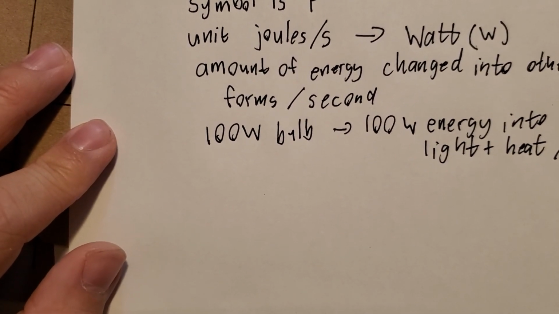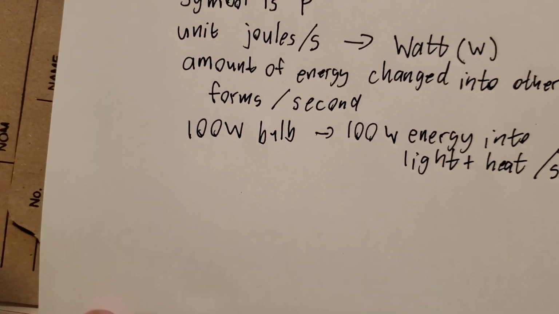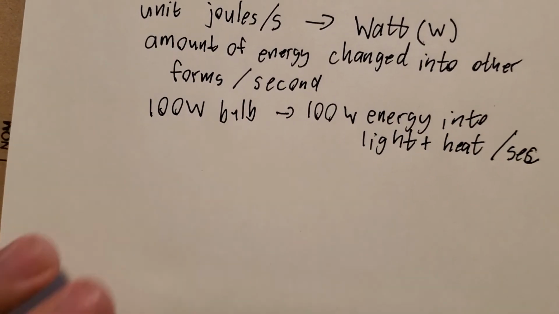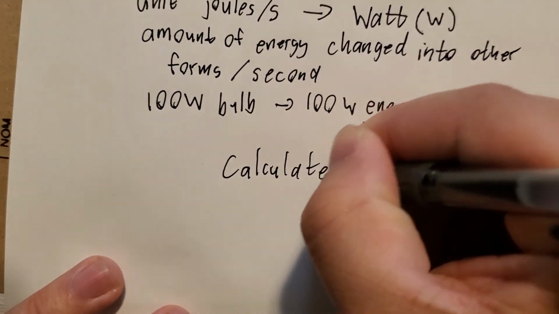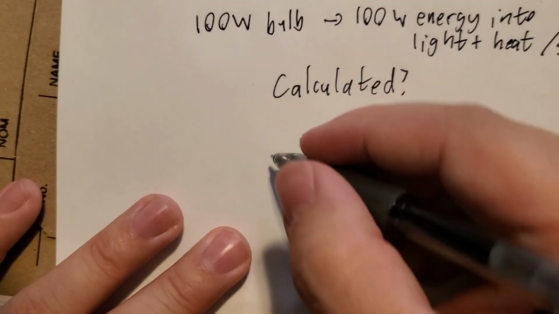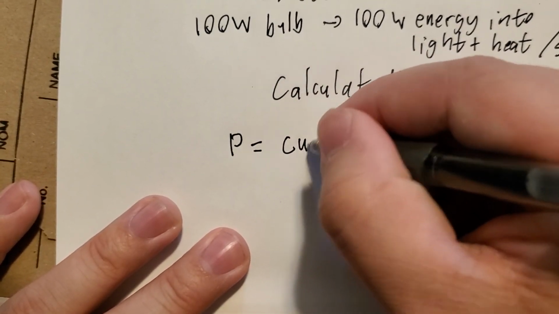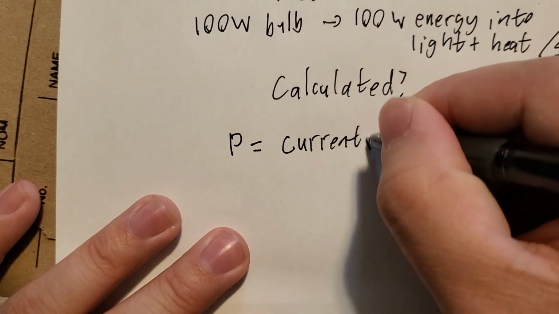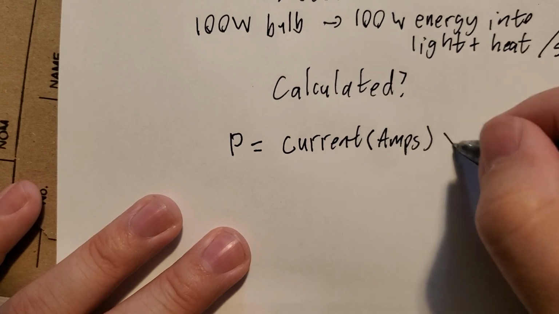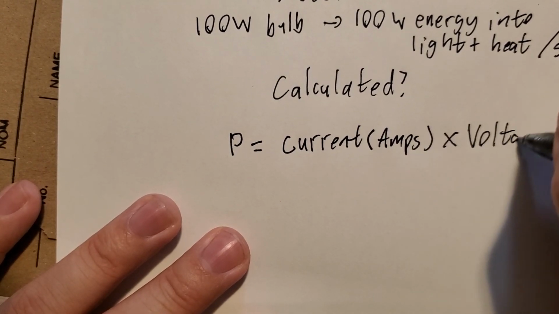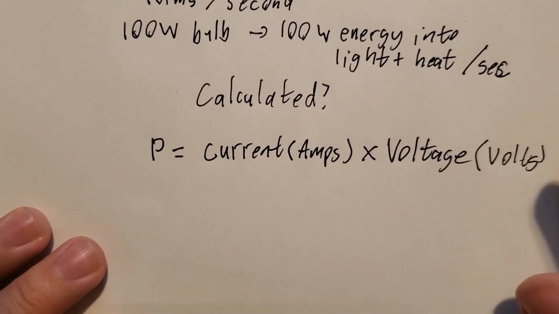So we have this thing that deals with joules per second, and we've got this new unit called watts. How do we find it? How is it calculated? It's actually pretty easy. Power in watts is equal to current, and we want to keep it in amps, times voltage in volts.